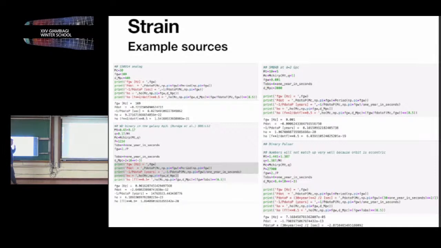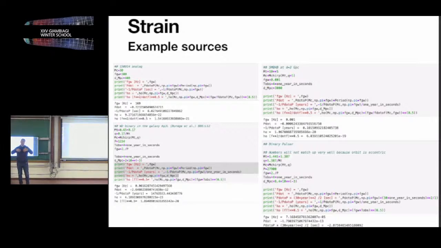And for LISA, there's options of white dwarf binaries in our own galaxy. At those separations relevant for LISA, even though they are very separated, the power is very small because they are going at a velocity very small with respect to the speed of light. They are so much closer that they can also emit.